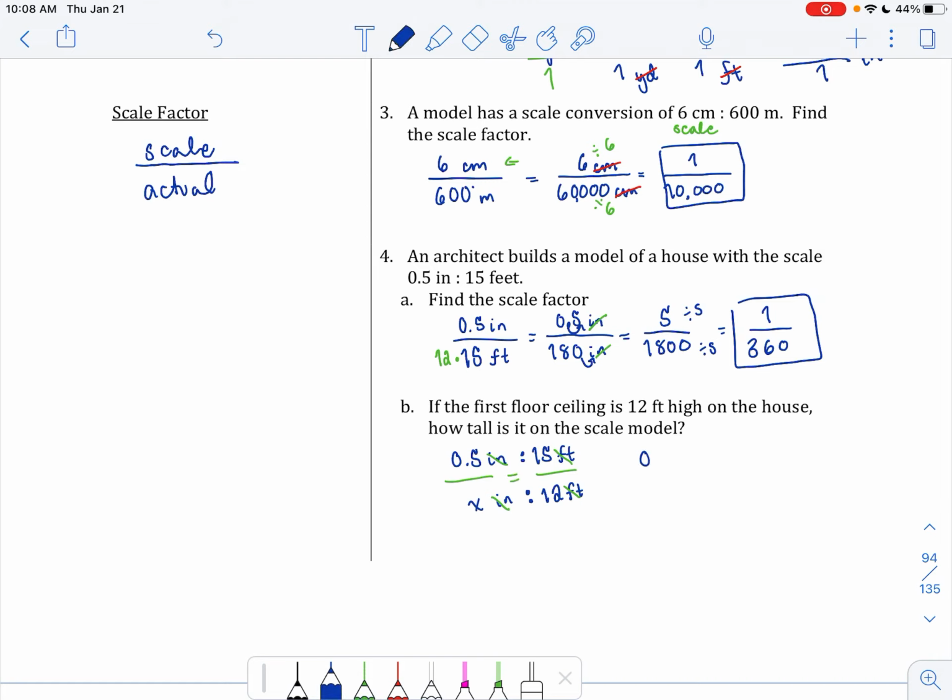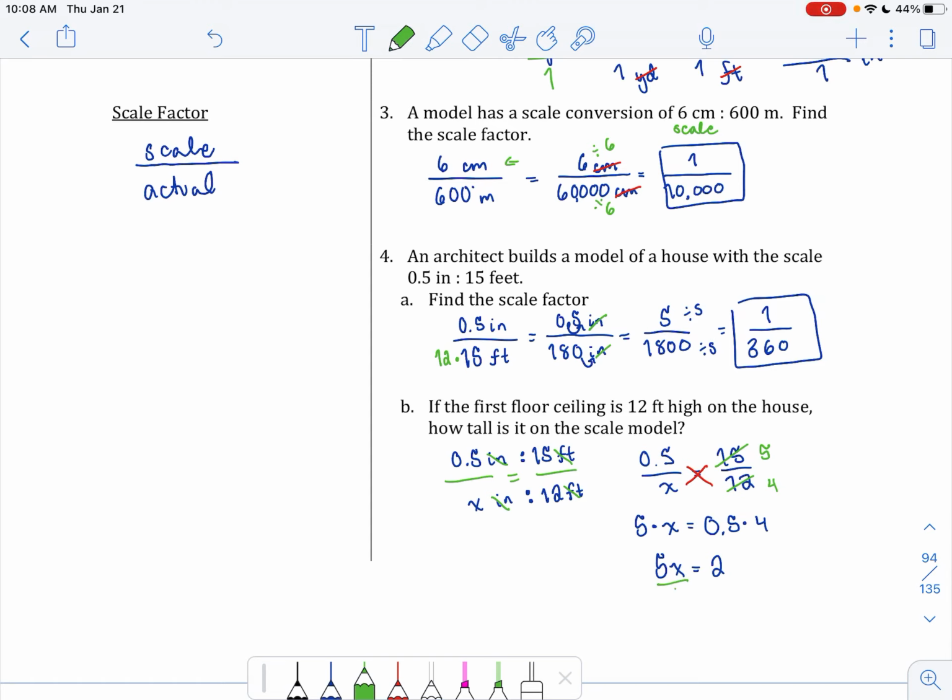And then I'll just write this as a proportion. So I have 0.5 over x is equal to 15 over 12. I'm going to simplify my fraction here by 3, so I end up with 5 over 4. Then when I cross multiply, I end up with 5 times x equals 0.5 times 4.